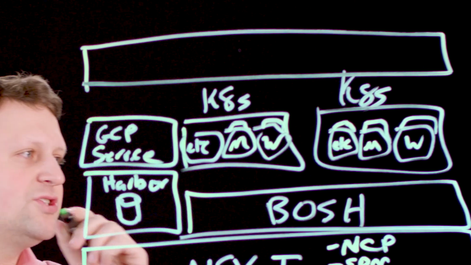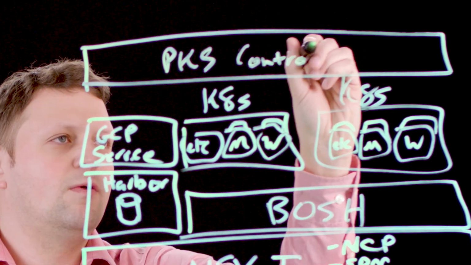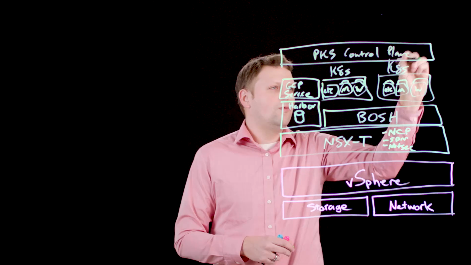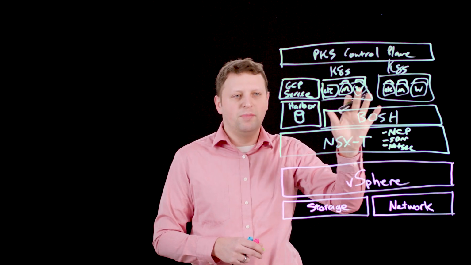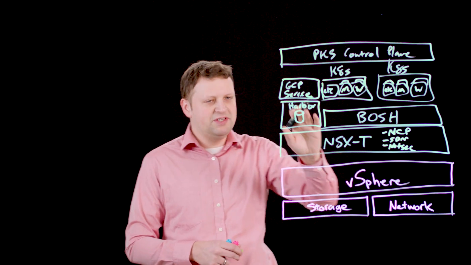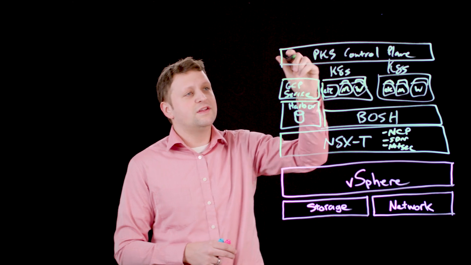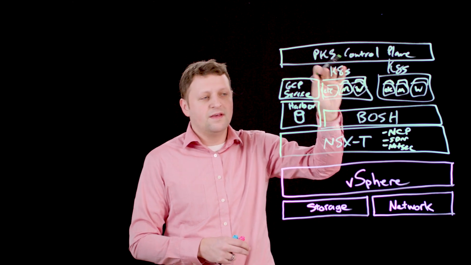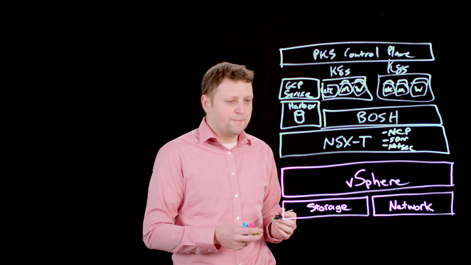And what we have pretty much over the entire thing is the PKS control plane, which is responsible for managing the provisioning of BOSH, the GCP service broker, Harbor, and the Kubernetes clusters likewise. This is the control plane that is in charge of ensuring that all of these things remain in sync.